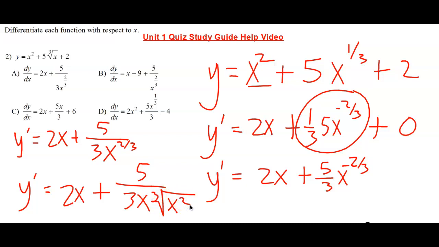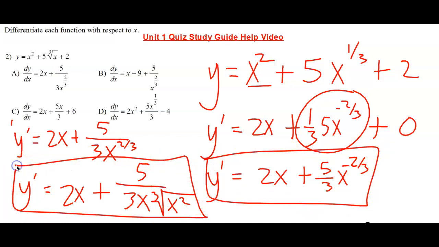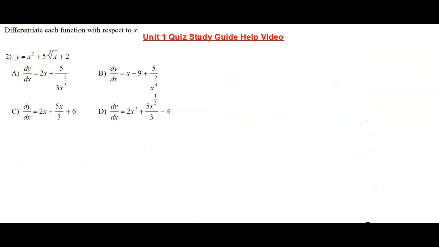Okay, so those are all acceptable ways of writing it. Let's look at our multiple choice here and see which option it is. It looks to me like they went ahead with this version, and the answer would be A. All right, go ahead and move on to number 4.